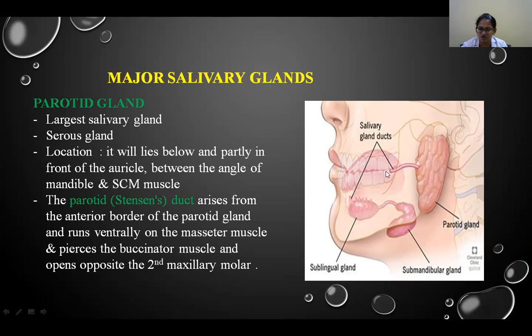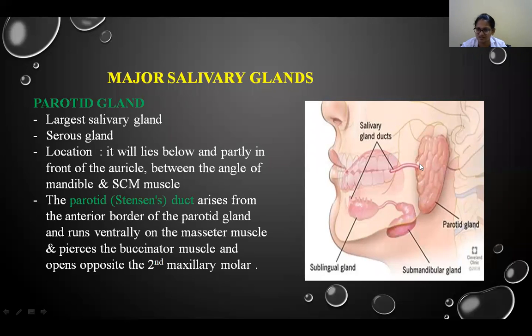This parotid duct is also called Stensen's duct. It arises from the anterior border of the parotid gland, passes vertically on the masseter muscle, pierces the buccinator muscle, and finally opens opposite the second maxillary molar.